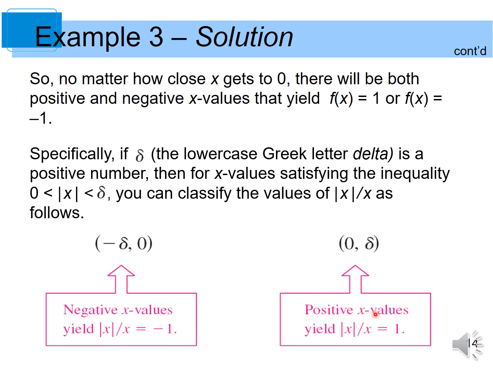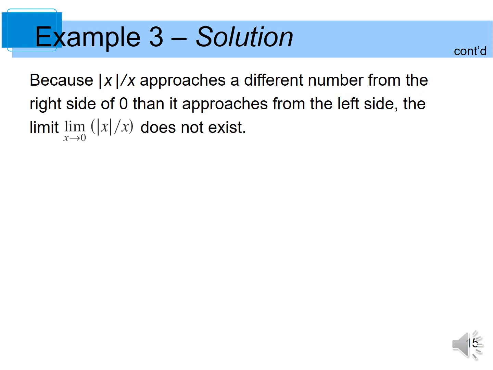But for positive x values, from 0 to delta, the function produces 1. Because the function approaches a different number from the right side of 0 than it approaches from the left side, the limit of this function does not exist.